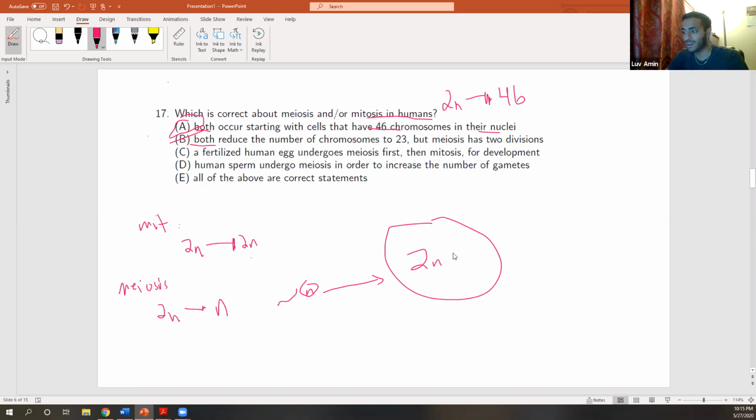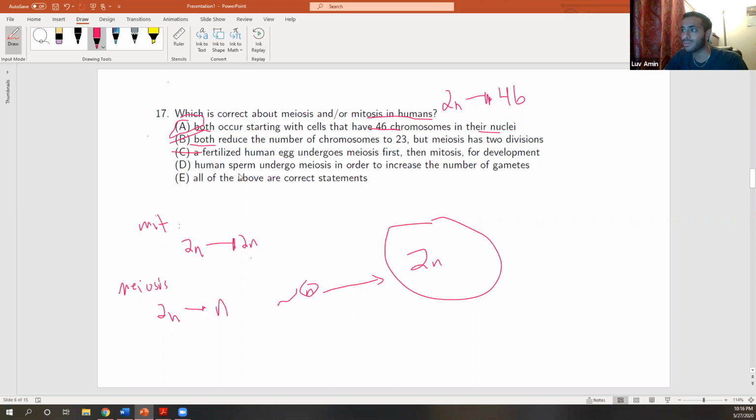Now, you started off as a little zygote and became a big baby, and not all of you was made of sperm or egg, right? Because if it was, that would mean your zygote only did meiosis. But you have skin cells, eye cells, everything, right? And those come from mitosis, because those are somatic cells that have your full genome. So there's no way meiosis would have occurred first. It's mitosis first, so C is not right.